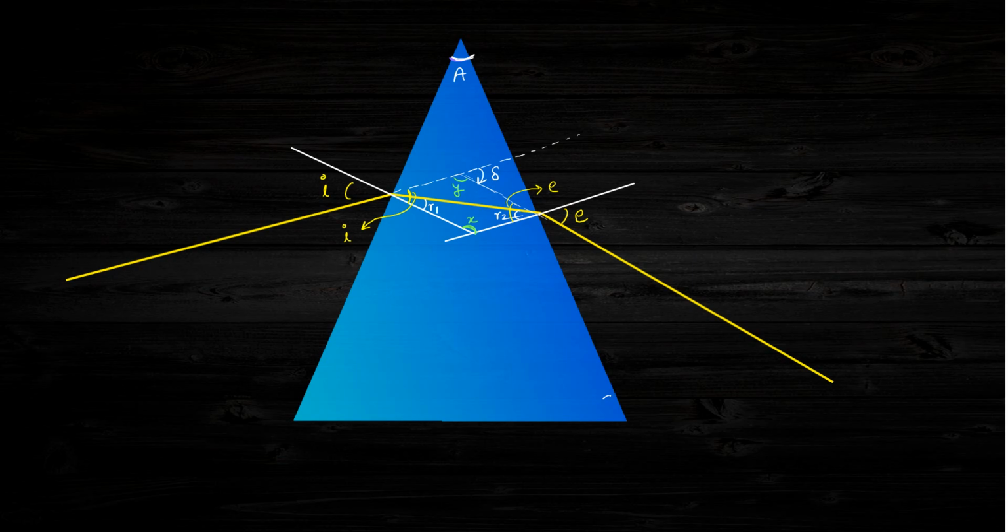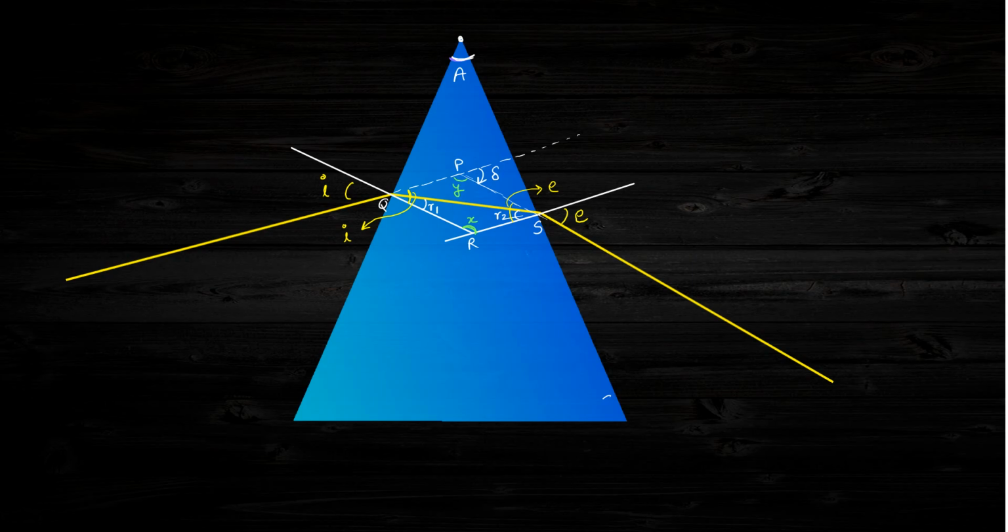So if we look at the quadrilateral PQRS, let me call it PQRS, we'll not label the quadrilateral as ABCD because this angle happens to be A, so we don't need any confusion there. Now, for the quadrilateral PQRS, obviously we know that the sum of all internal angles is 360 degrees.